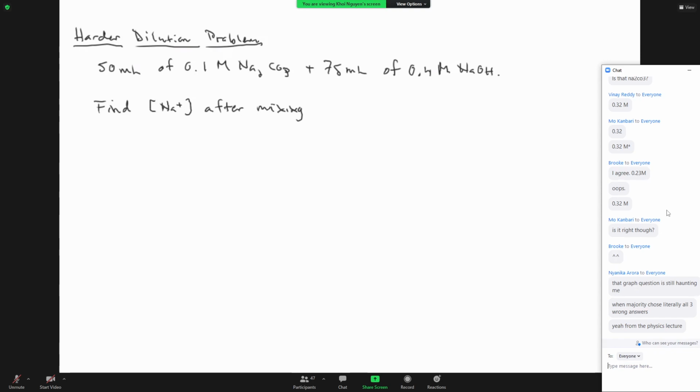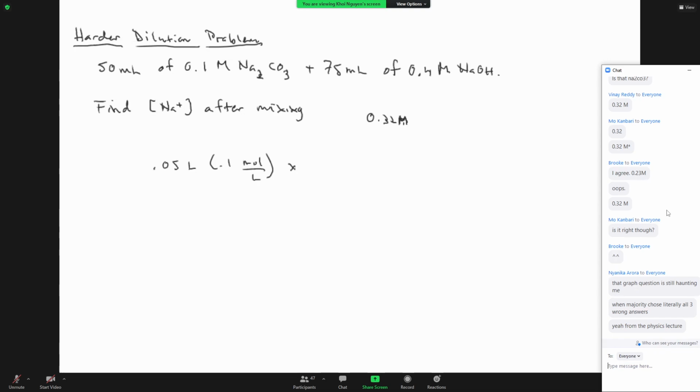So everyone seemed to be getting the same thing, 0.32 molarity. So let's take a look. So you have 50 milliliters of 0.1 molar of Na2CO3. Apologize, that looks pretty gross now that I look at it again. And so 0.05 liters times 0.1 moles per liter.